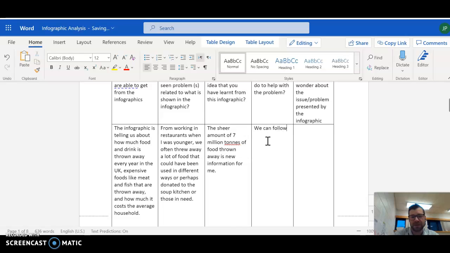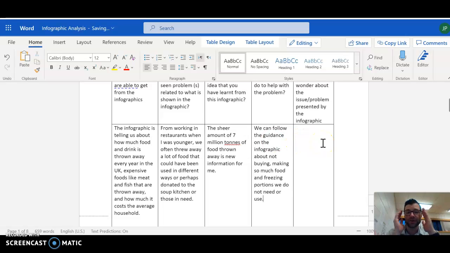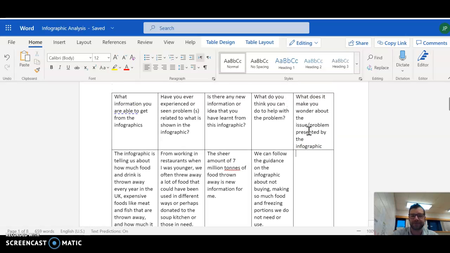We can follow the guidance on the infographic about not buying or making so much food, and freezing portions we do not need or use. I can say in our house we do this quite a bit. We make soup or something like that, whatever's left over gets frozen. We have very little food waste in our house.